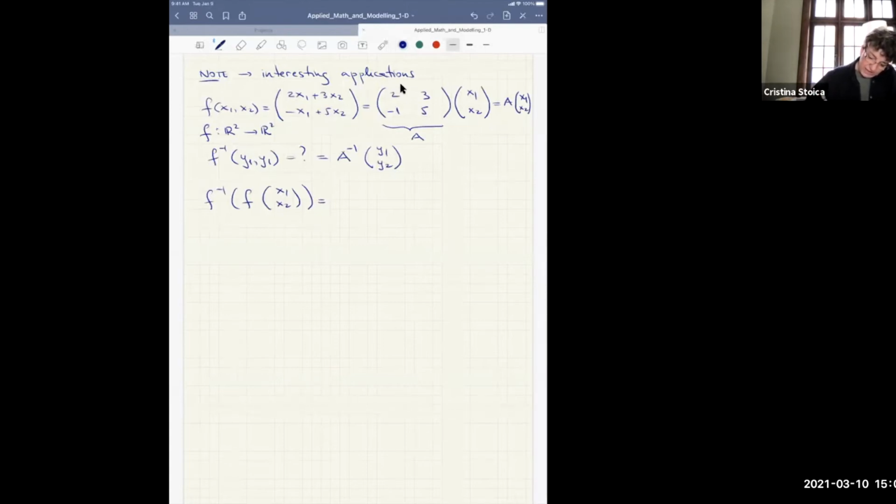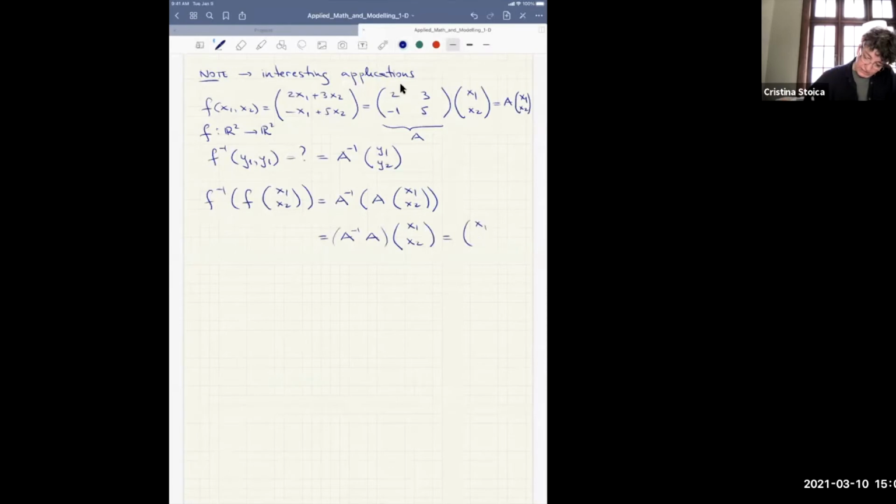So this is A⁻¹ applied to A applied to (x1, x2). So this is A⁻¹ A (x1, x2), so we end up with (x1, x2). Here A⁻¹A gives us the identity, fine.